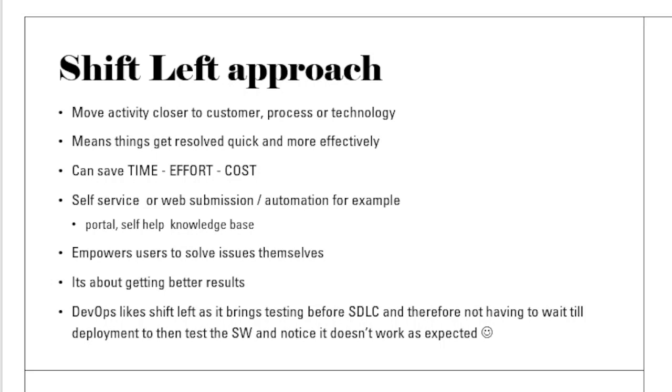So perhaps the next time a user phones up the service desk, the team on the first line triage may be able to resolve that, rather than it having to go through second and third line. Okay, but the key point there is absolutely about moving closer to the customer.